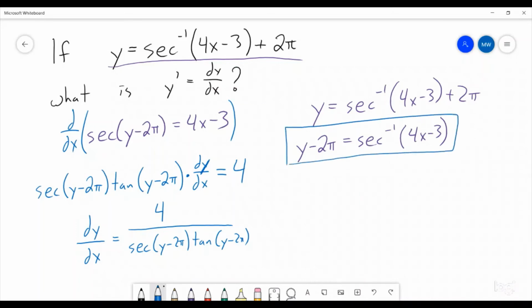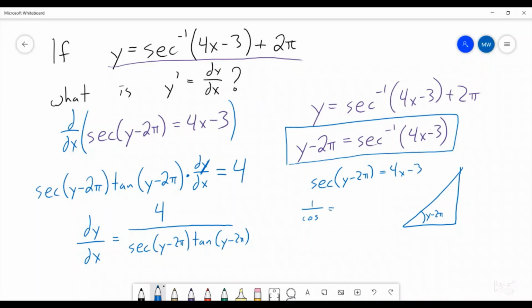y minus 2 pi is inverse secant of 4x minus 3, which when we put this into a triangle, remember this tells us that secant of y minus 2 pi is equal to 4x minus 3. So if we had this on a triangle, here's our angle of y minus 2 pi. Secant is 1 over cosine.